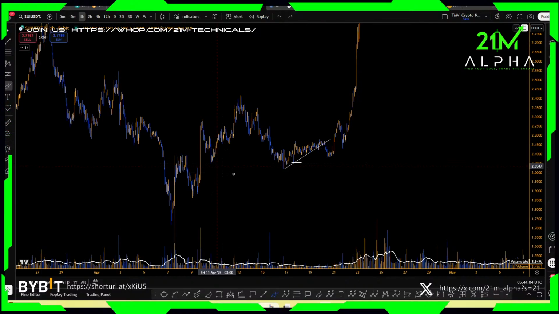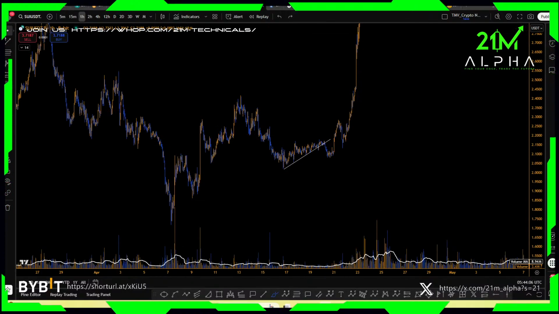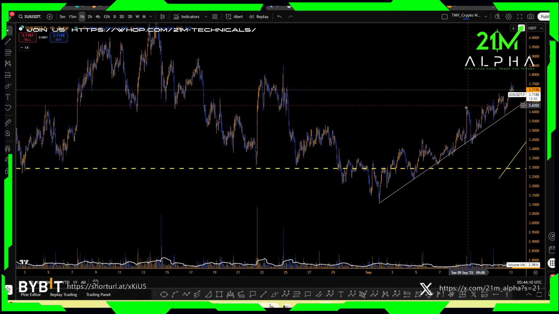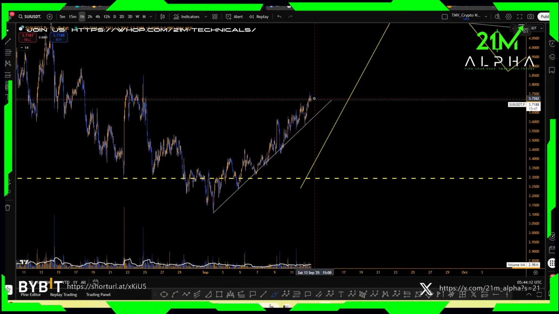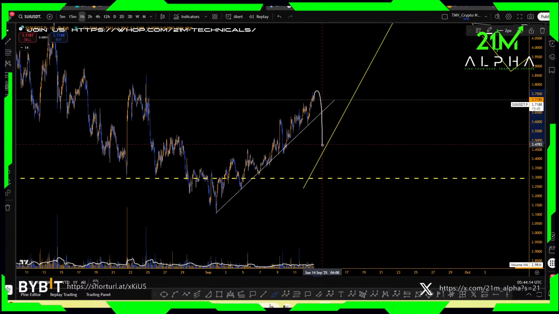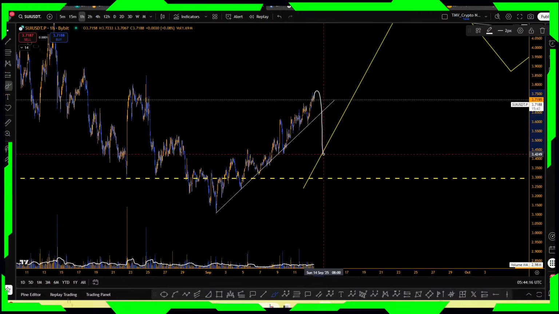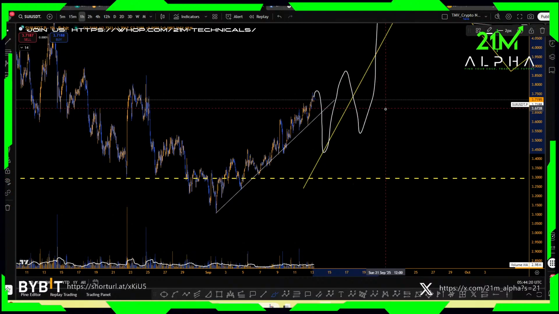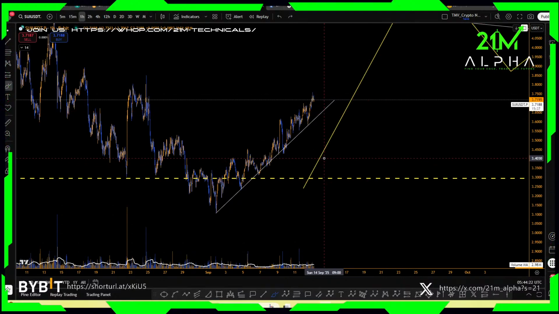This sort of fake breakdown can even happen at this point. We can have a fake breakdown like this, take the liquidity at 3.42, run up again, and then have a melting pump.